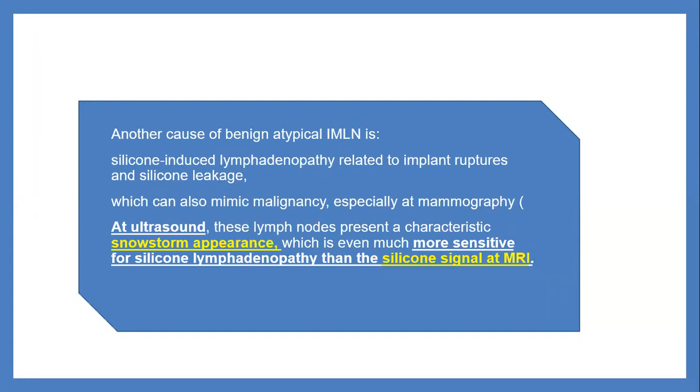This snowstorm appearance is a more sensitive ultrasound criterion than the silicone signal at MRI. So ultrasound is more helpful in differentiating silicone adenopathy from malignancy than MRI or mammography.